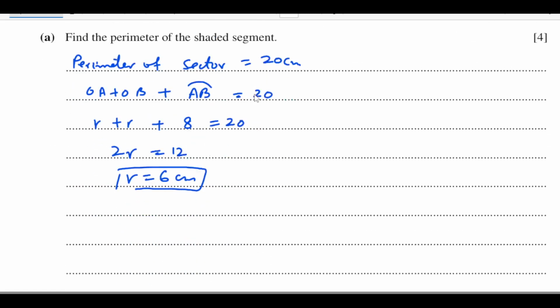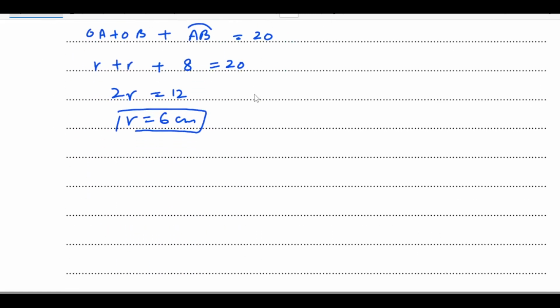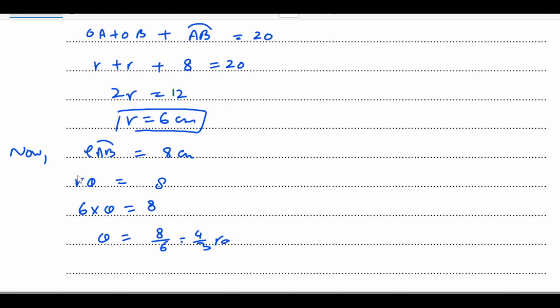Okay. Now we are looking for the angle, using the formula for the length of an arc. The length of arc AB is equal to 8 centimeters, and the formula is r theta. Theta we are taking in radians. So 6 times theta is 8, and theta is 8 over 6, that is 4 over 3 radians, right?